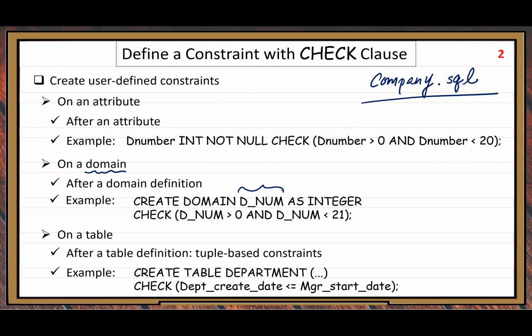For each tuple, we apply this condition check. The department create date should be less than or equal to the manager start date. That logic is quite natural, right? You need to create that department first, then the manager start date must be after that creation time. But if you do not define this constraint, nobody will check it for you.